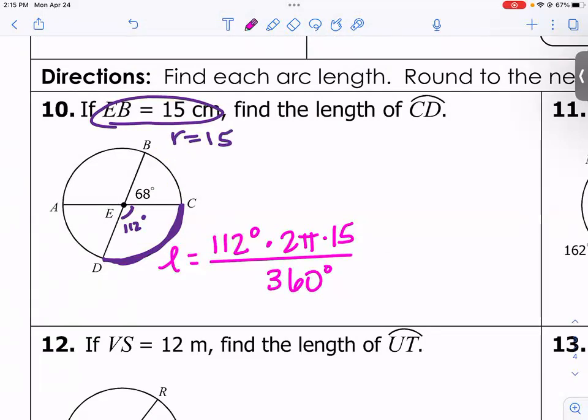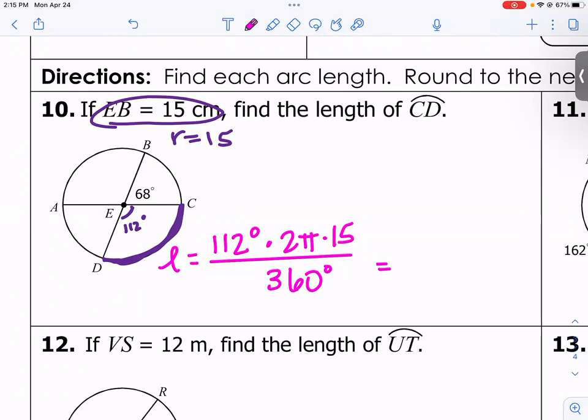Our degree measure times circumference divided by 360. In your calculator, what do you get? How do you know what order to do it?